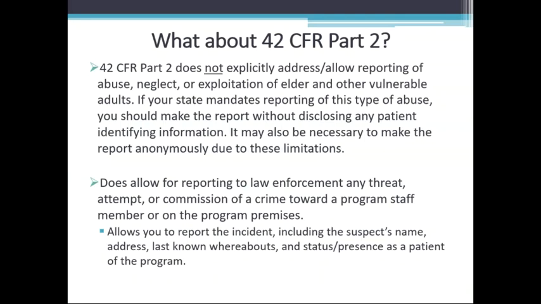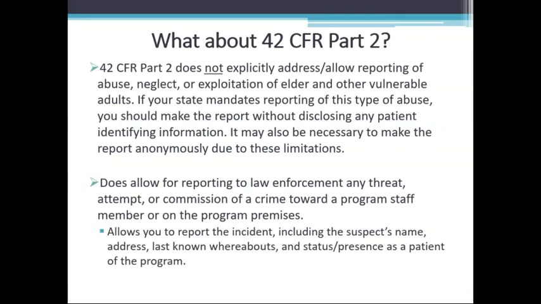So this could mean that you have to make the report anonymously due to these limitations, or if you aren't allowed to make an anonymous report in your state, then this is why it becomes essential to make sure that you're talking to your supervisor, working through this with them so you can make sure you're compliant with both the confidentiality piece and the mandatory reporting piece, because you may be able to provide it without it having to be anonymous. You just can't say how you came into that information or what your relationship is with the patient where it might disclose their substance use treatment or substance use disorder.